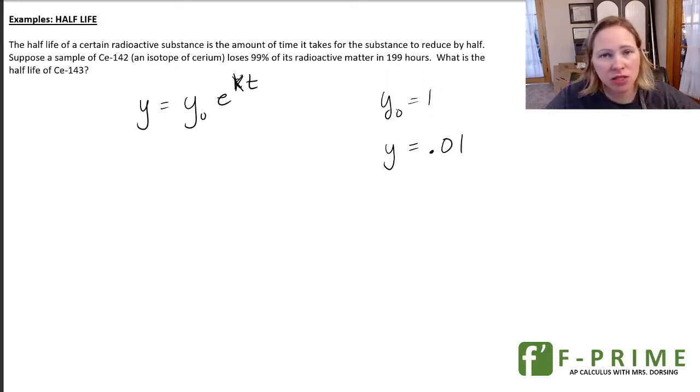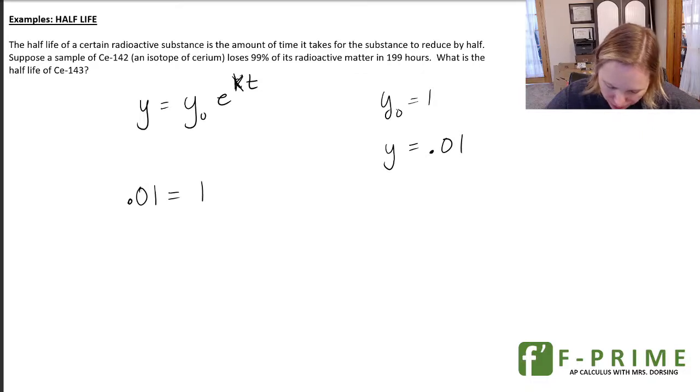So that's the 1% that's left. So if it lost 99%, 1% is left. So how much time does it take? Well, 199 hours. So we need to know the rate at which it's decaying. We have to solve for that before we can even think of finding the half-life. All right, so here we go. I'm going to natural log both sides.